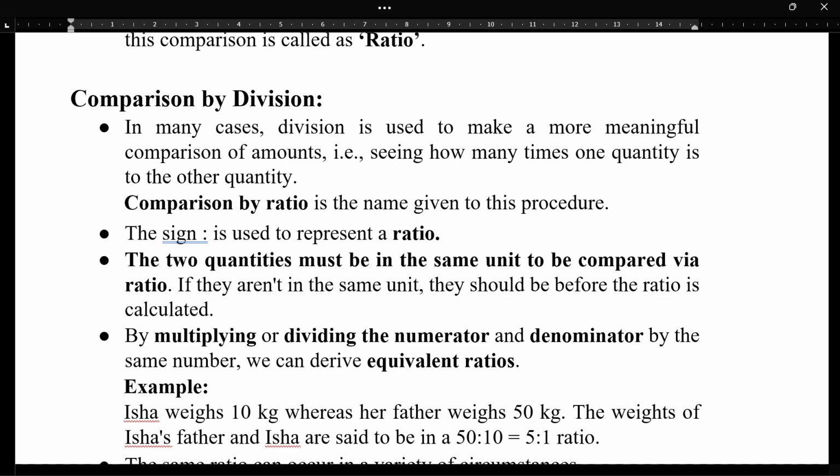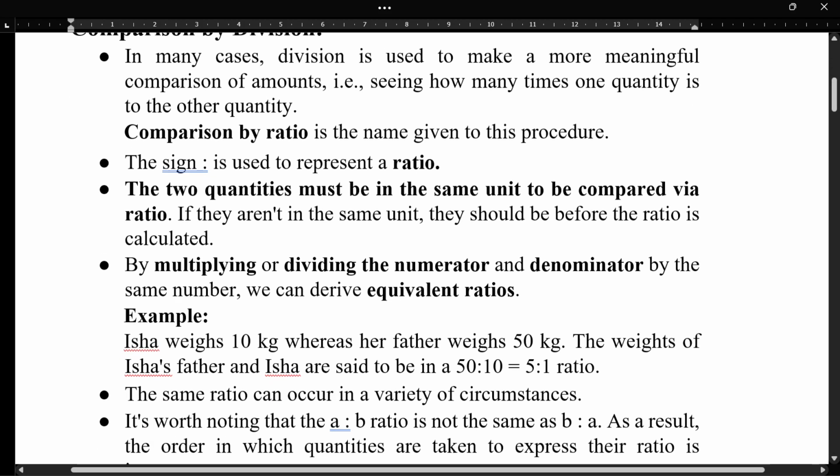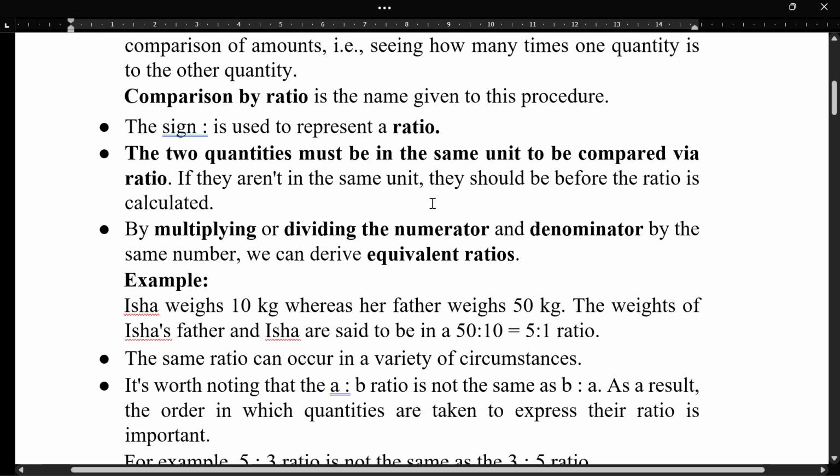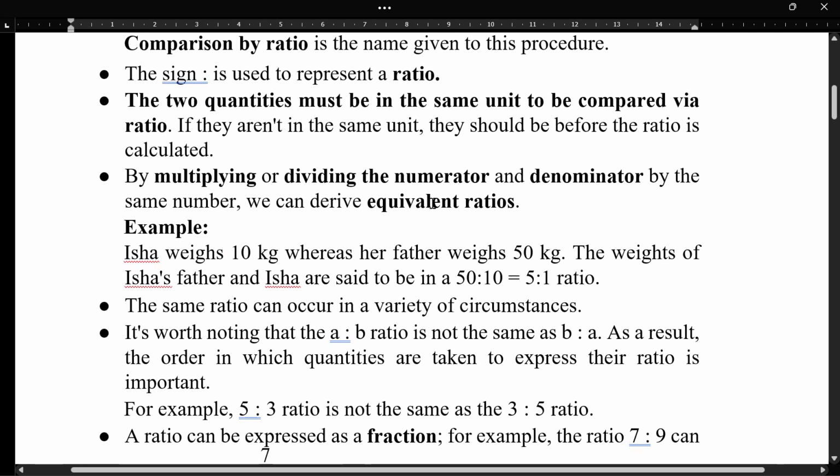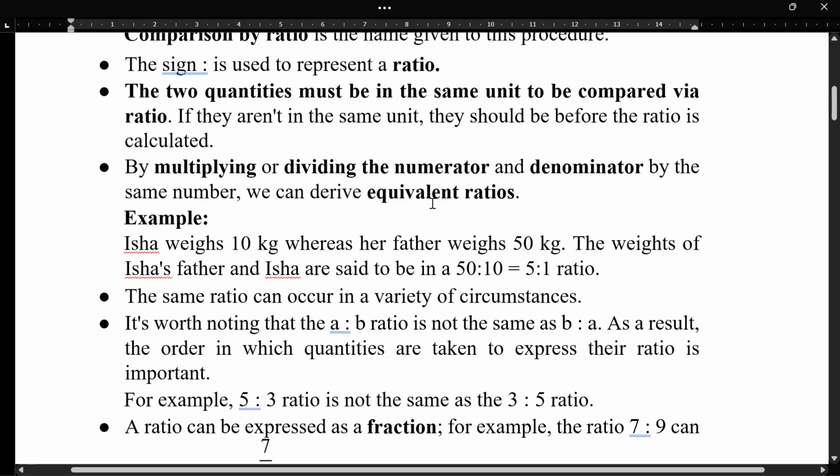By multiplying or dividing the numerator and denominator by the same number, we can make them equivalent ratios, or we can derive equivalent ratios. For example, Isha weighs 10 kg, whereas her father weighs 50 kg.